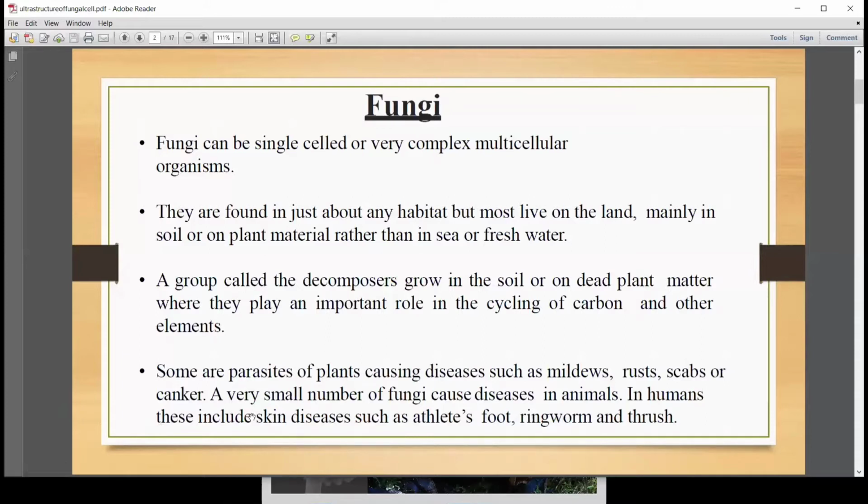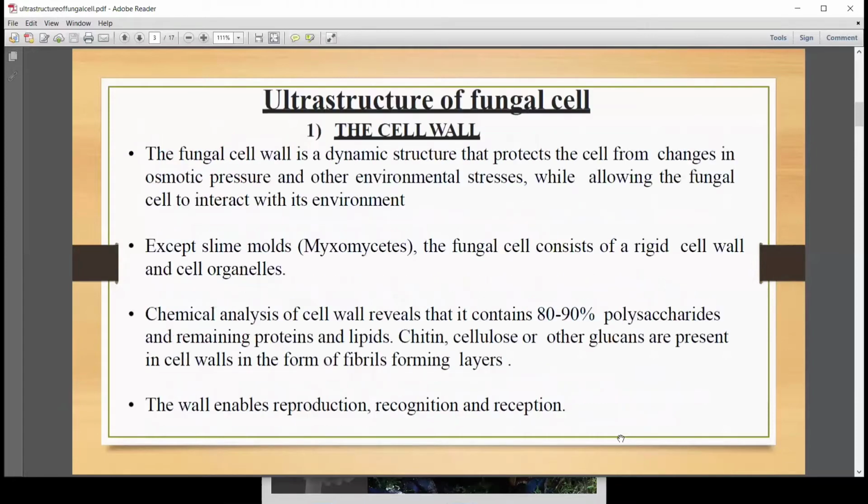A very small number of fungi cause disease in animals. In humans, these diseases include skin diseases such as athlete's foot, ringworm, and thrush. So these are the brief general characteristics of fungi we talked about in your last lecture and also shortly in this slide.